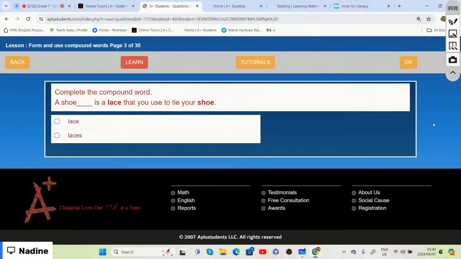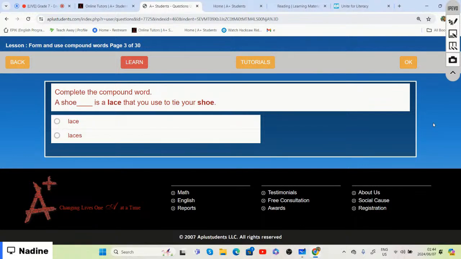So now, a shoe is a lace that you can use to tie your shoes. So is it a shoelace or shoelaces?